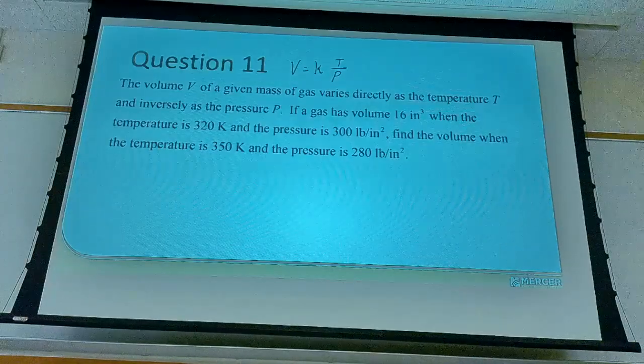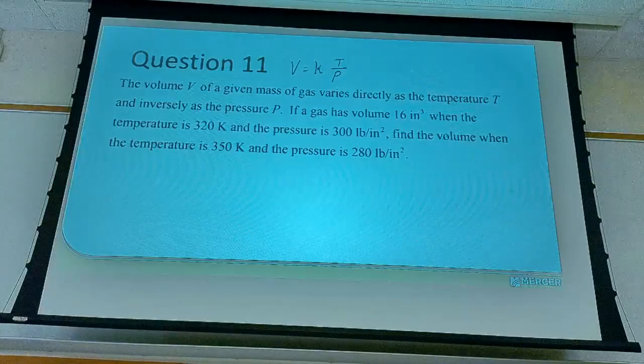VP equals, what is it, kMT? K is a constant, a gas constant. M is number of moles. And T is temperature.